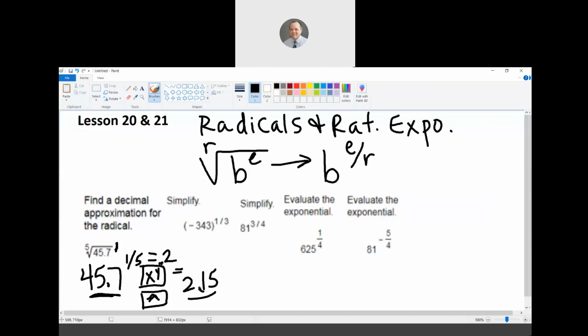So if you have to evaluate something with a root other than a square root, then you'll have to convert your radical to rational exponent form. The other examples are already in rational exponent form, and you can either use your calculator or for the first couple of problems, I'll just do it by hand.